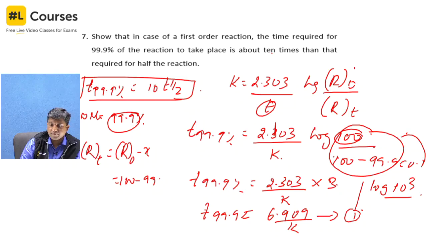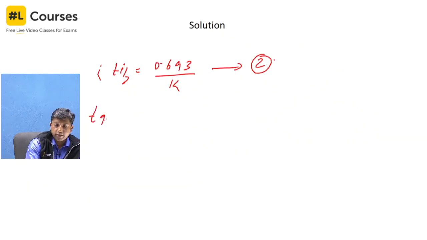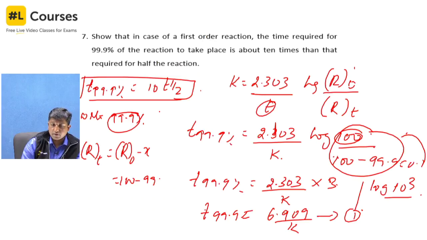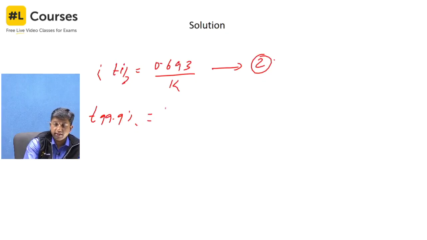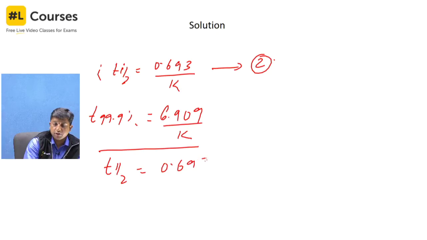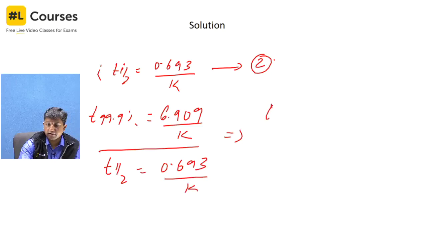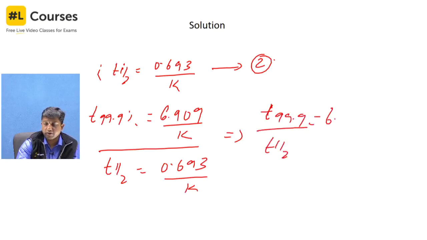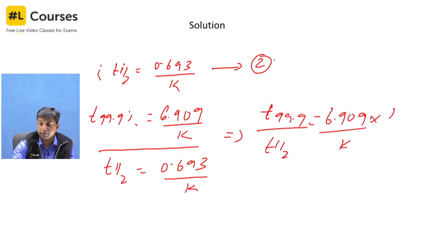What is equation 1? It is T 99.9% will be equal to 6.909 divided by K, divided by T half, which is equal to 0.693 by K. This can be written as T 99.9% divided by T half will be equal to 6.909 by K into K divided by 0.693.